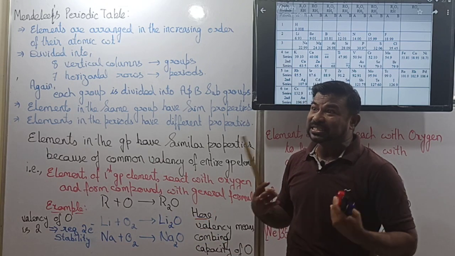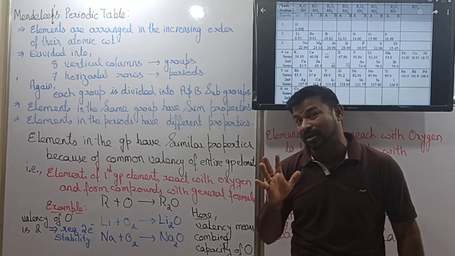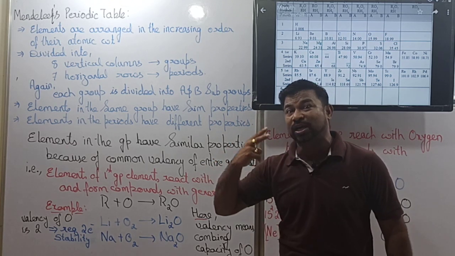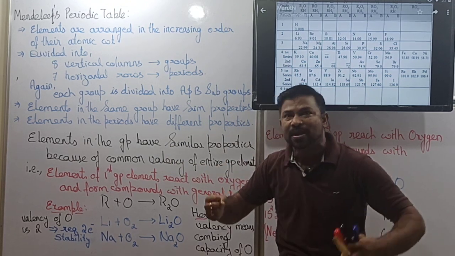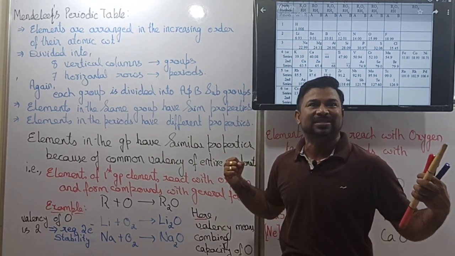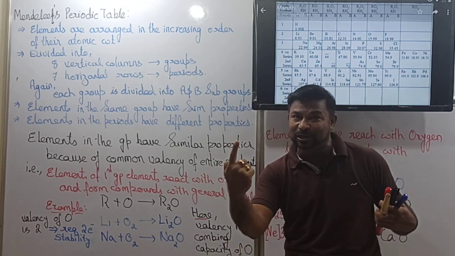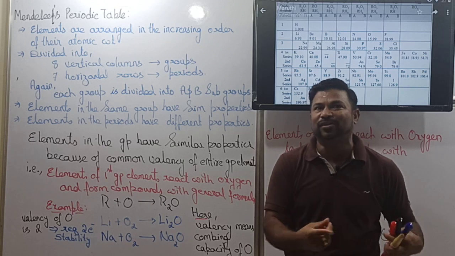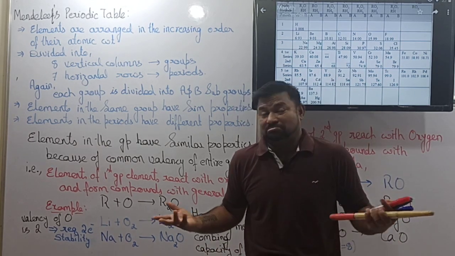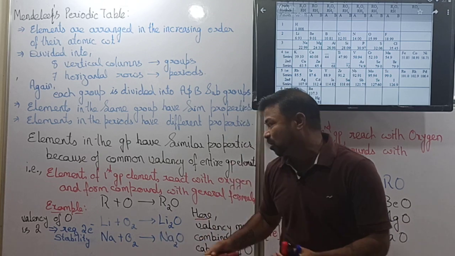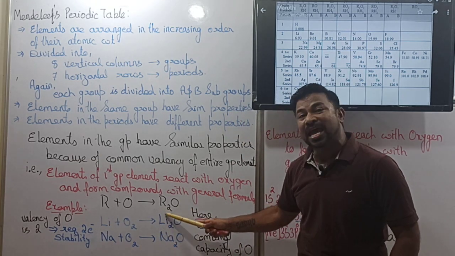Oxygen's atomic number is 8, it required 2 more, took 1 from each lithium and got 10, so it stabilized. Lithium is ready to lose 1 electron and get the electronic configuration of the nearby inert gas. So it is becoming stable. That is how lithium combines with oxygen and becomes Li2O.